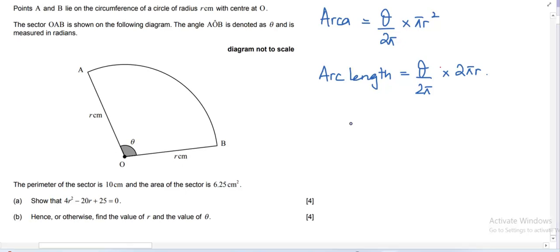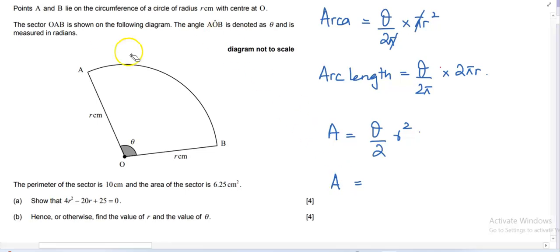If we skim that down, area can be written as theta over 2 times r squared. If we simplify, cancel pi with pi, we're left with this. So let's find out the area first.